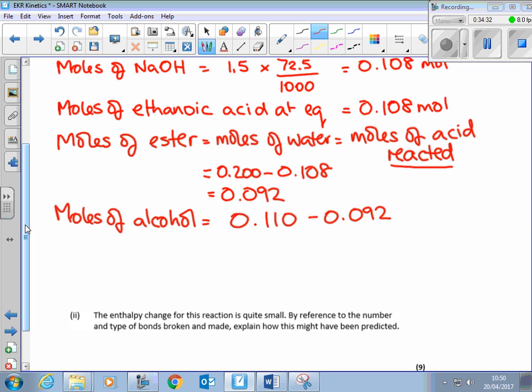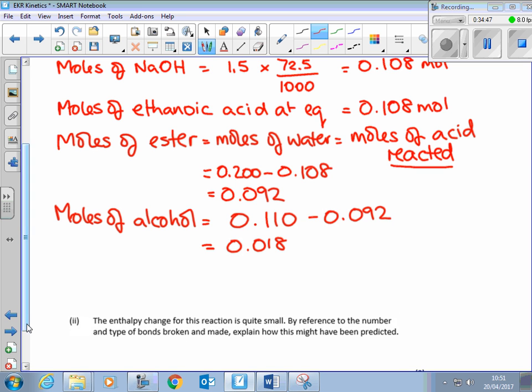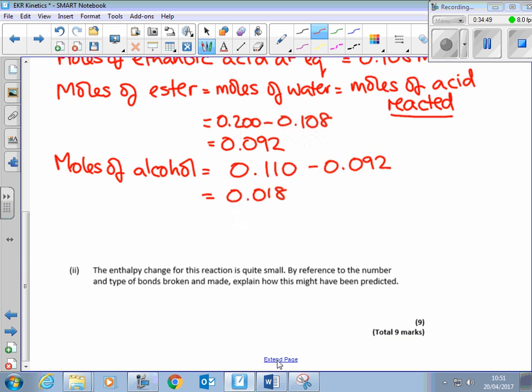That sounds about right. 0.018. And I'm running out of space.